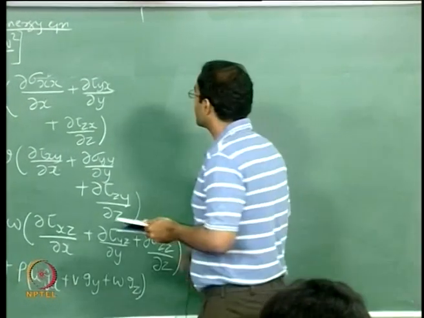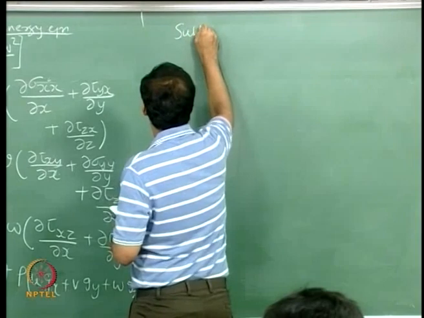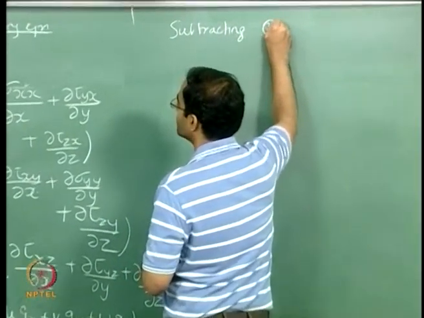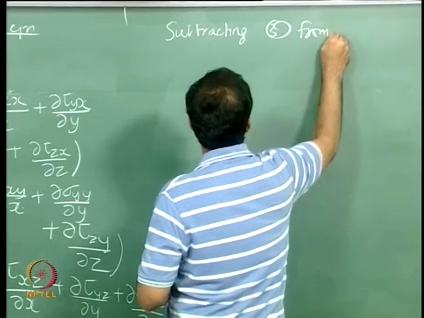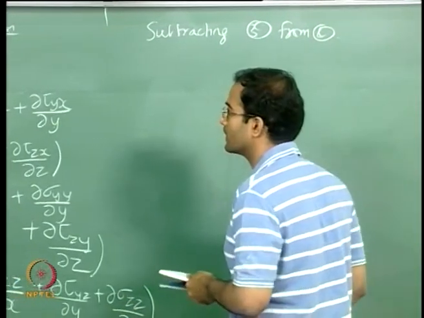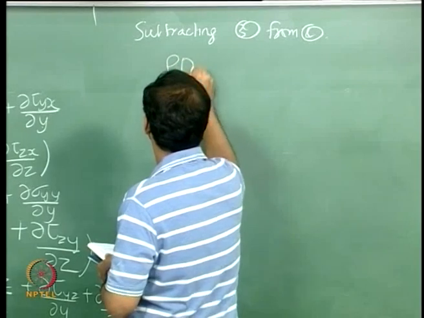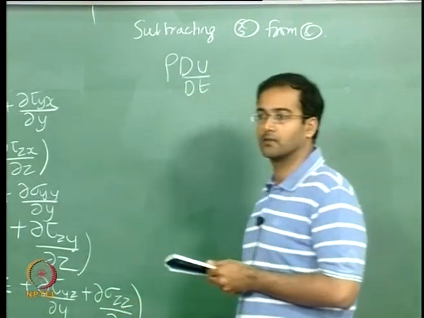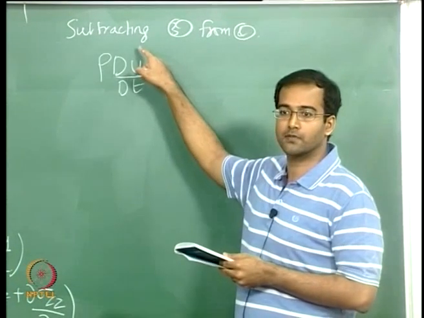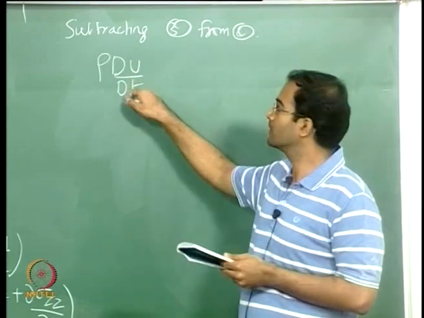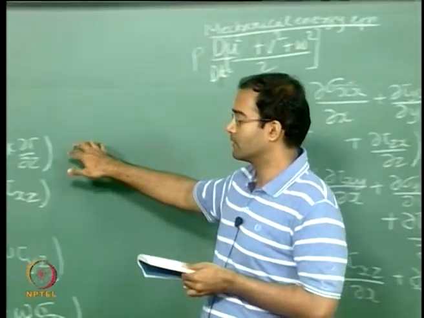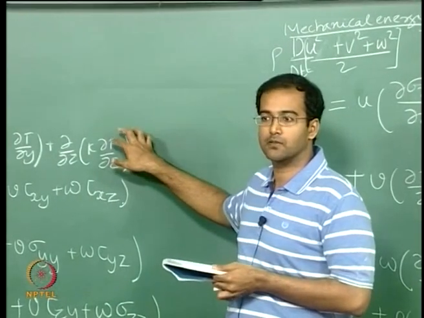Subtracting 3 from 2, on the left hand side term you have rho de by dt. This is the rate of change of the internal energy of the system. On the right hand side terms, you retain your efflux of heat by conduction.